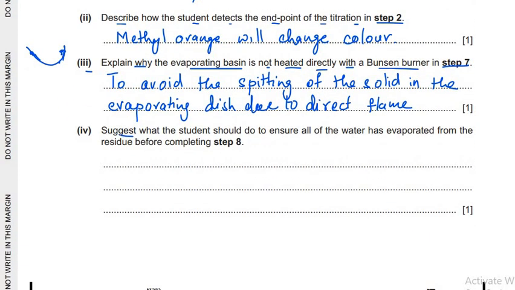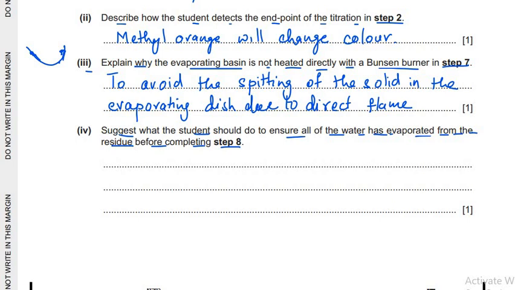Okay, suggest what the student should do to ensure all the water has evaporated from the residue before completing step 8. So what we can do is that after the water has evaporated, we can weigh it and again heat it gently and then again reweigh it. Now if we do this heating and weighing again and again, that's called heating up to the constant mass.